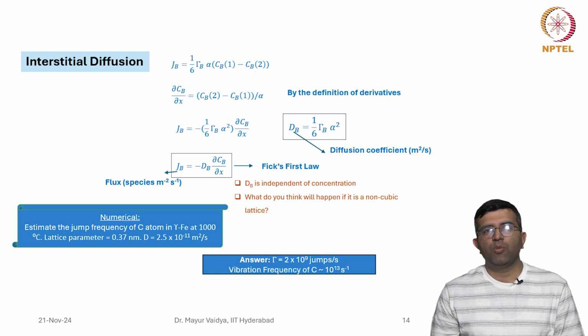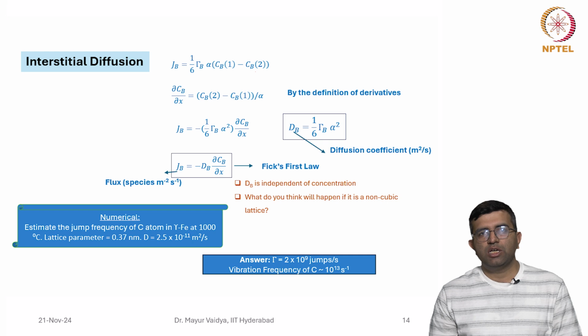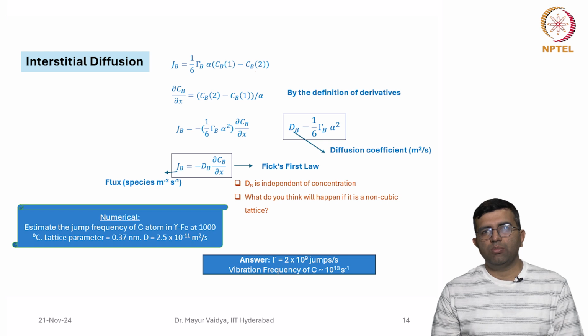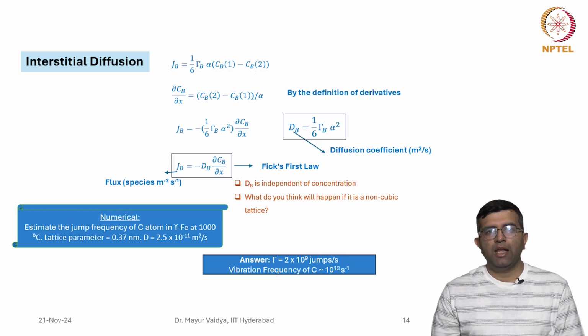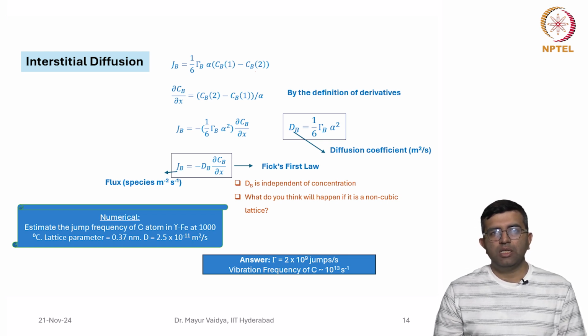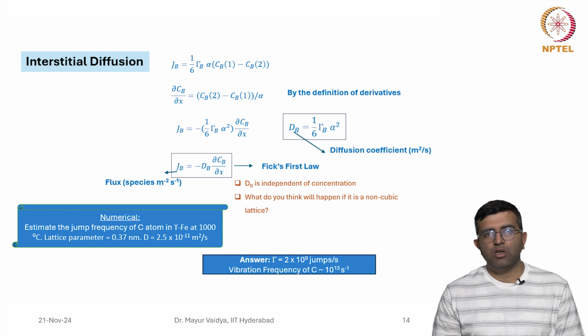And now if you put this value here, you get JB is equal to minus 1 by 6 gamma B alpha square into dou CB by dou x. If we compare this relation with Fick's first law, which is JB equal to minus DB times dou CB by dou x, then we can see that DB is equal to 1 by 6 gamma B alpha square.